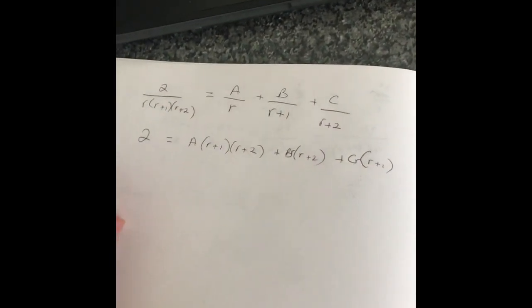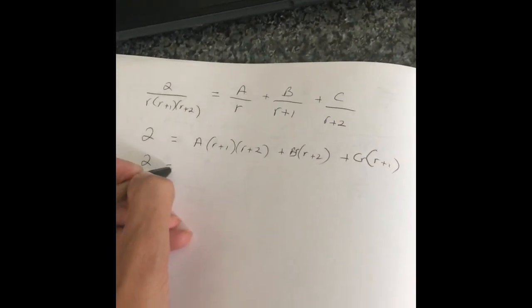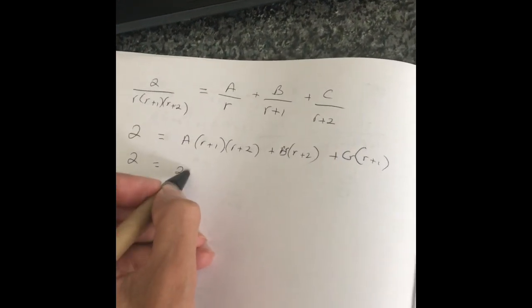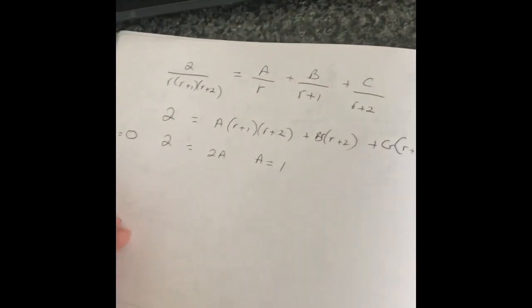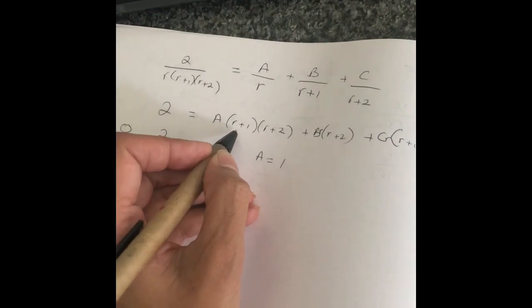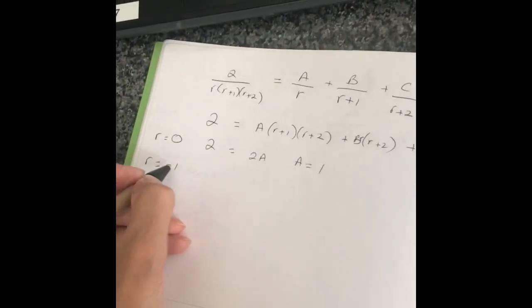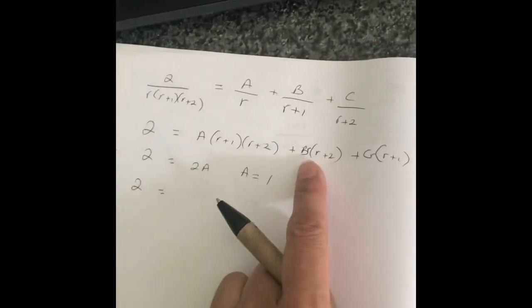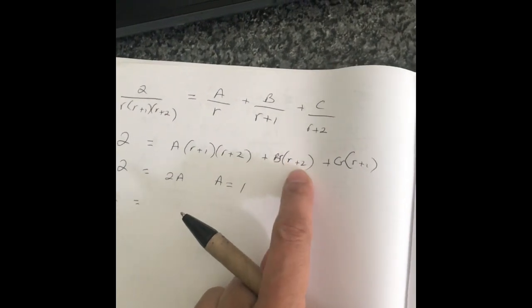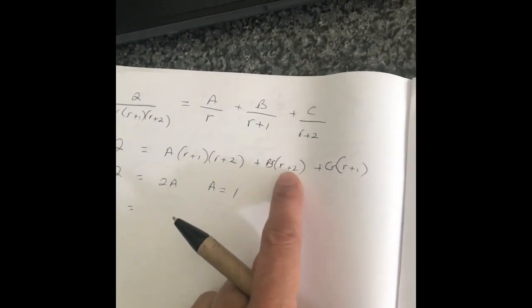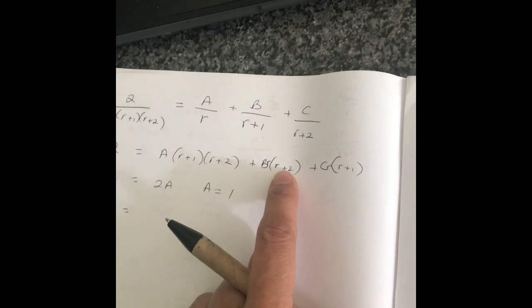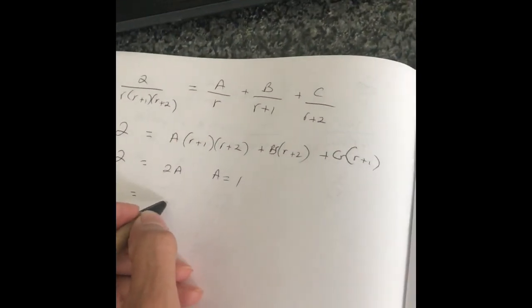I'm going to put r as 0, and that would give me 2 is 2A, so A is 1. I'm going to put in r is minus 1 to make that bracket 0. That would give me 2 is minus 1 times 1, which gives minus B.